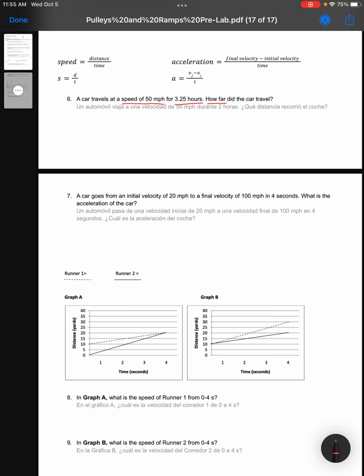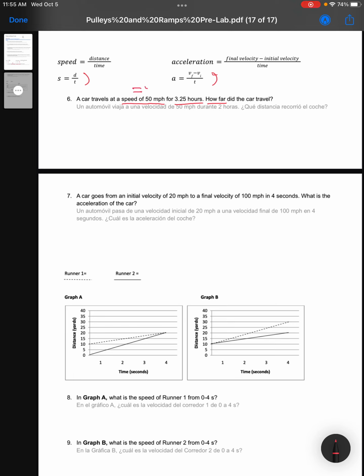So we need to choose which variables are going with these different numbers, these different measurements that we have in the question. So a speed of 50 miles per hour, what variable goes with 50?